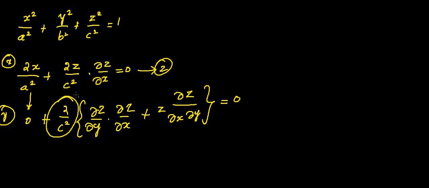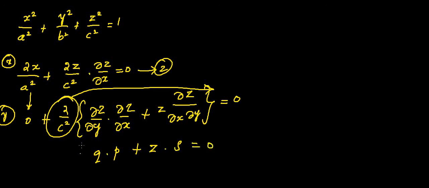So taking 2 by c square to the other side, it becomes 0. Dou z by dou y is q, this is p, plus z into s is equal to 0. So therefore we have eliminated all the arbitrary constants from the given equation.